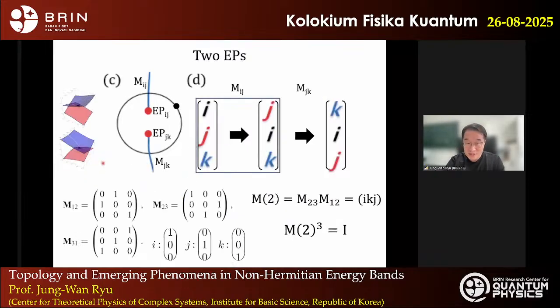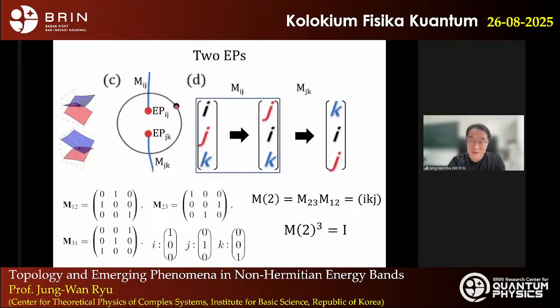Another example is this. If we have two exceptional points for three states, we have three states I, J, K. This is the exceptional point for the I, J states. It means that at this exceptional point, the I state and J state are the same. This is a general point. And this exceptional point is for the J, K states. It means that at this exceptional point, the J state and K state are the same. It means degeneracy.